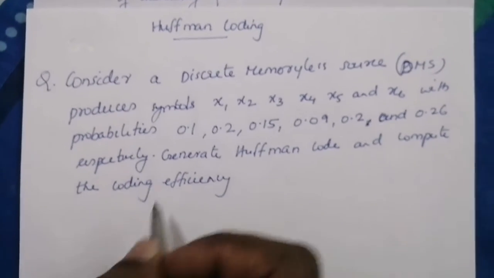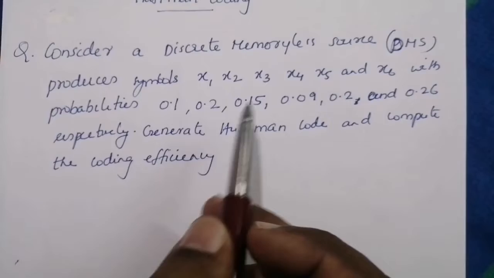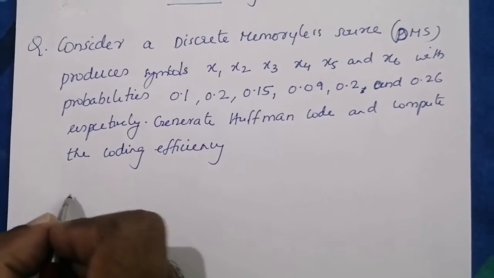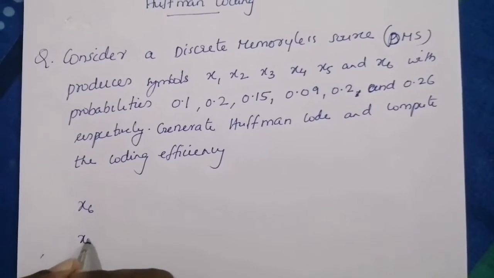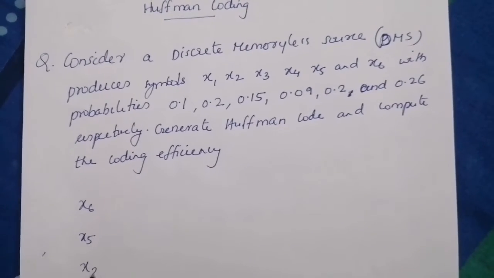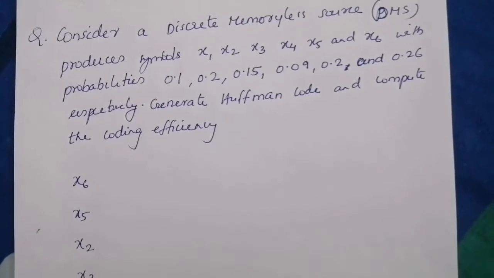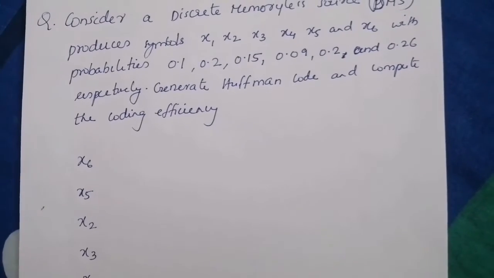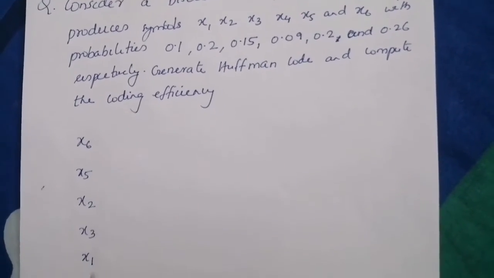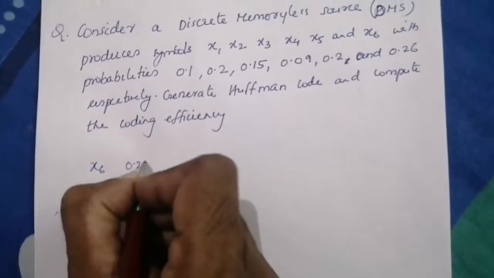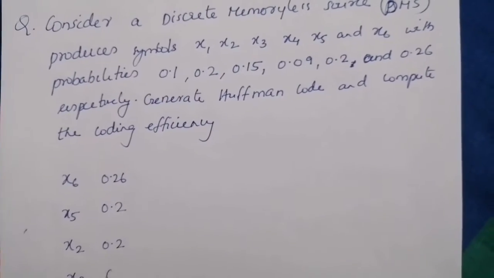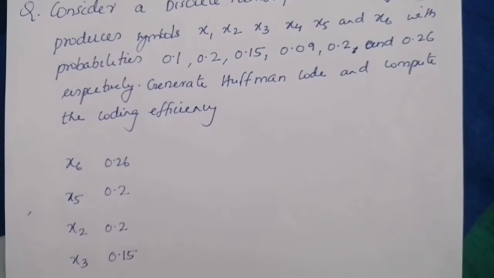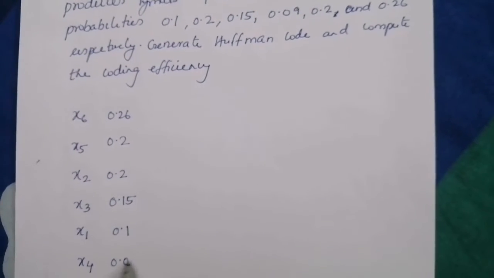While writing the symbols in the decreasing probability, we can write it as x6, x5, x2, x3, x1 and x4, and the probability is 0.26, 0.2, 0.2, 0.15, 0.1, 0.09.